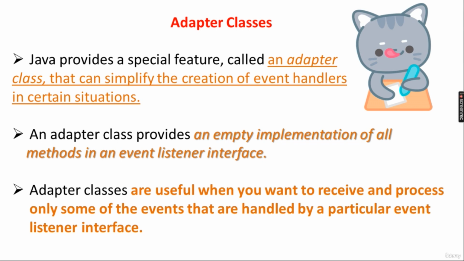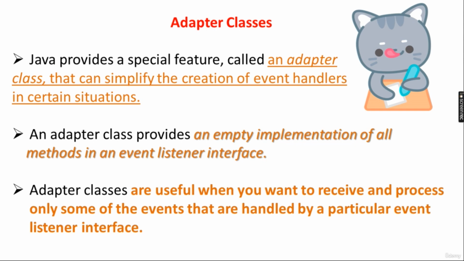An adapter class provides an empty implementation of all methods in an event listener interface. Depending upon which method you want to implement, you can implement only that method. These classes are useful when you want to receive and process only some of the events handled by a particular event listener interface.